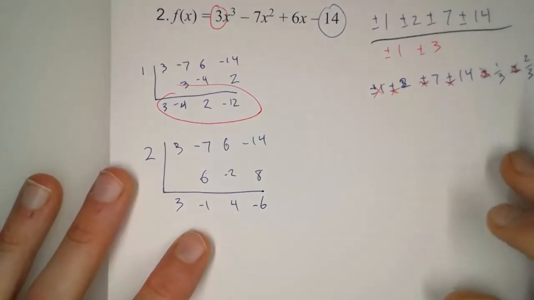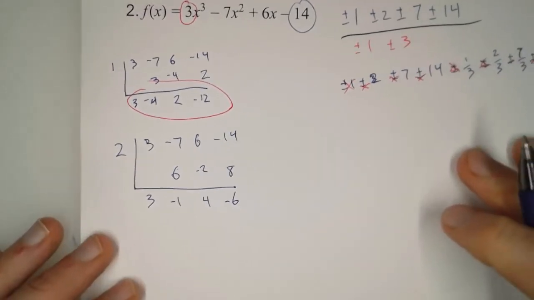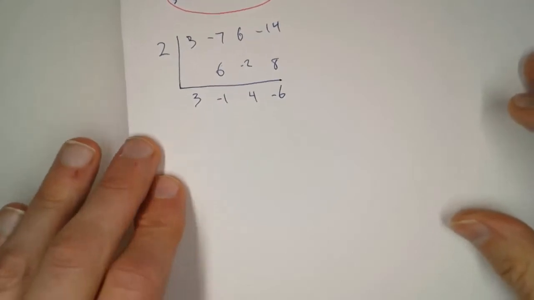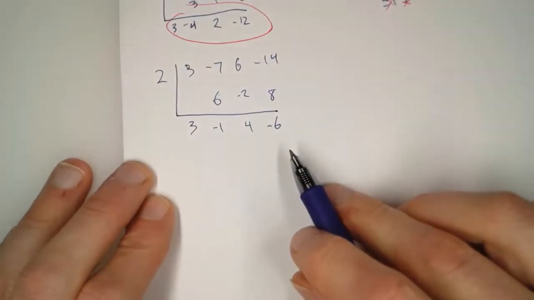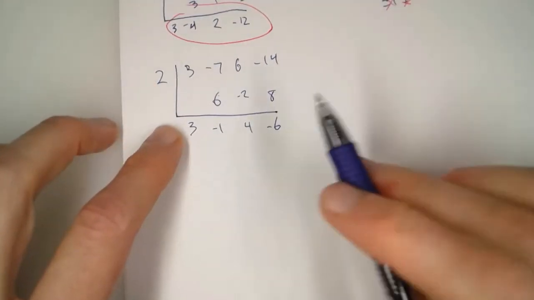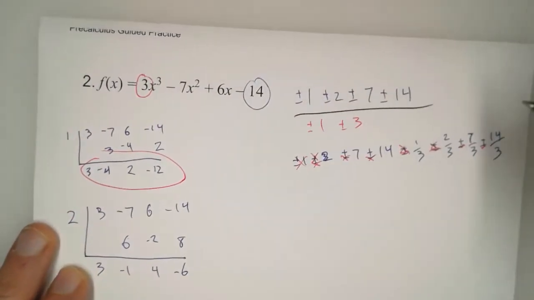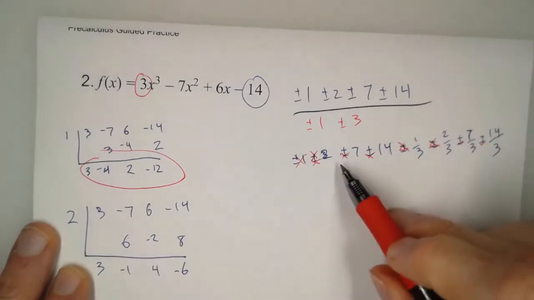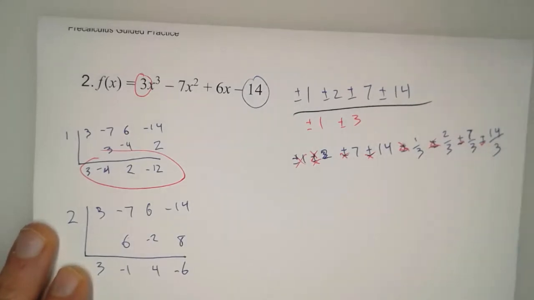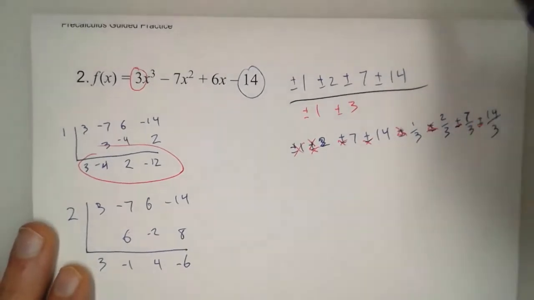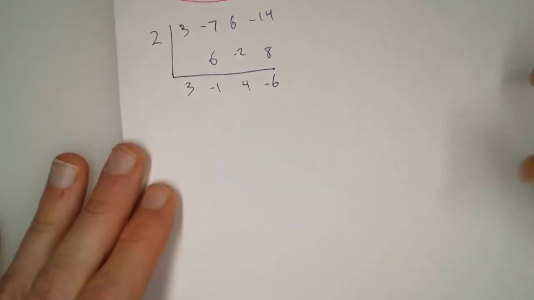So 2 didn't work either. And it's also telling us that it's too low, since the signs alternate. So we know -2 doesn't work. So what are we left with? 7/3, 14/3, and 7, 14. Those are the only ones left for us to try out.